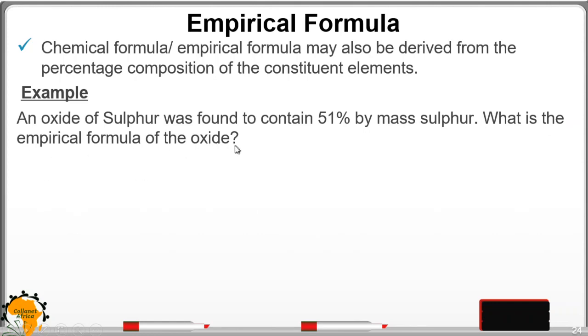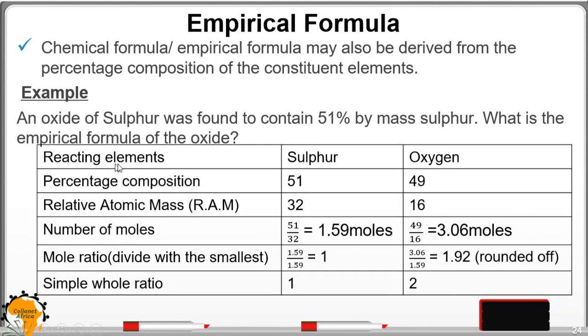The word oxide means that sulfur combined with oxygen. Reacting elements, sulfur and oxygen. Percentage composition 51%, so the remaining 49 is for oxygen. When you add, this should make 100% because we are talking about percentage composition of the elements.